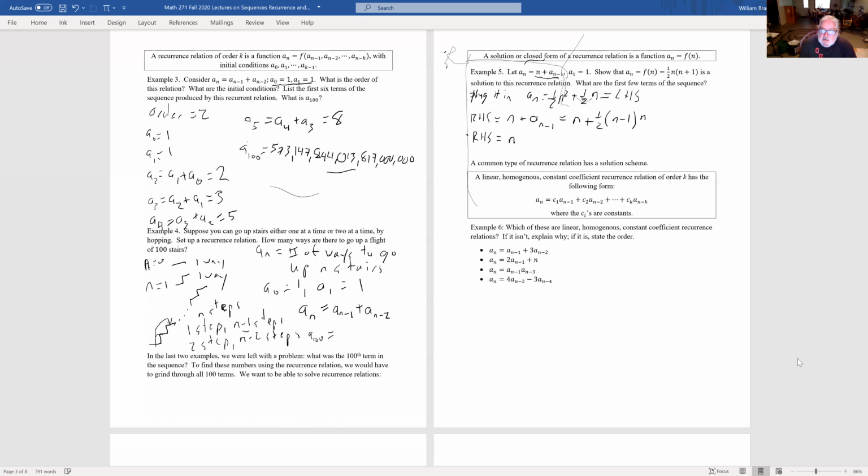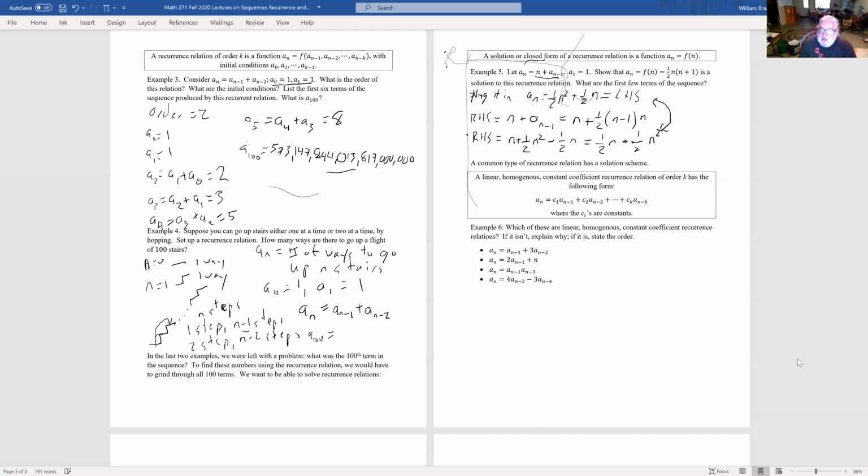So my right-hand side equals n, that's this term, plus whatever this is multiplied out, which is 1/2 n squared minus 1/2 times n. And what is that? n minus 1/2 n is 1/2 n, plus 1/2 n squared.